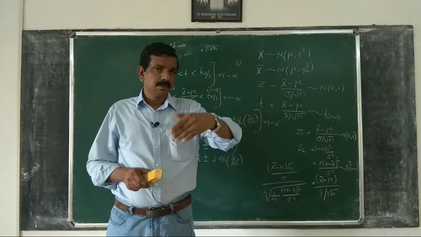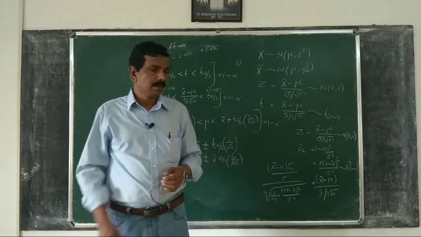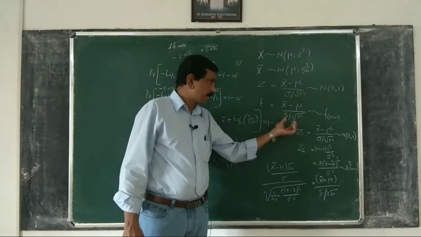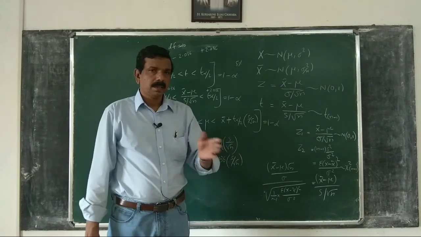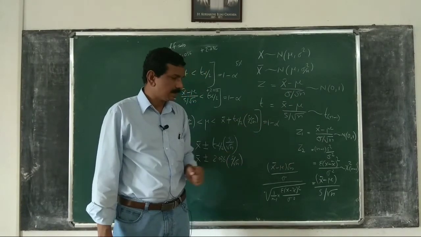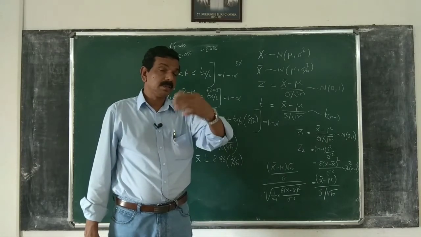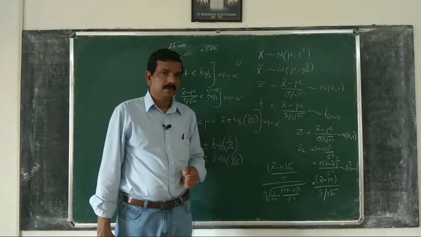But this will not be available in the real situation. For doing a problem in the classroom, the value of sigma will be assumed, and we can use Z for constructing confidence intervals. But in the case of real world data, we cannot assume the value of sigma.